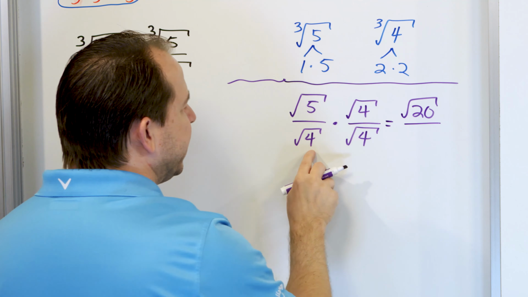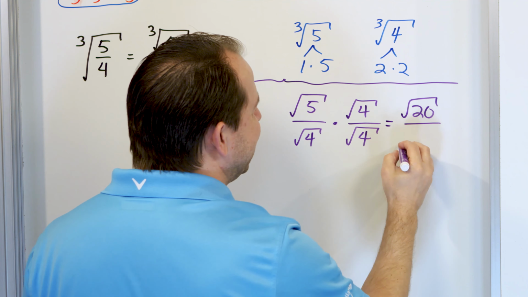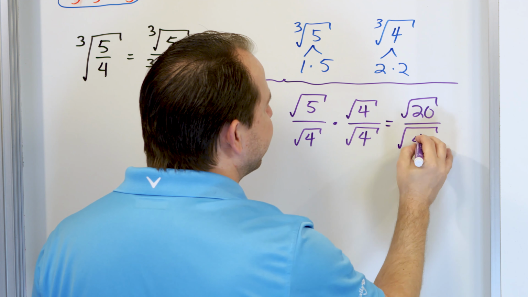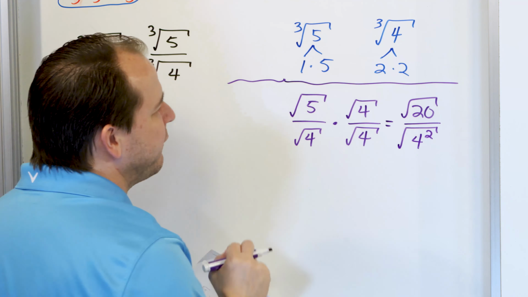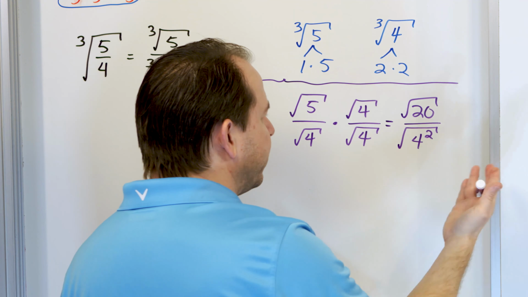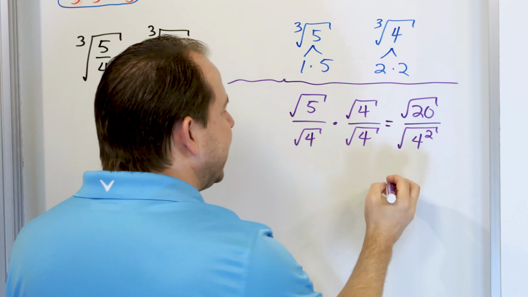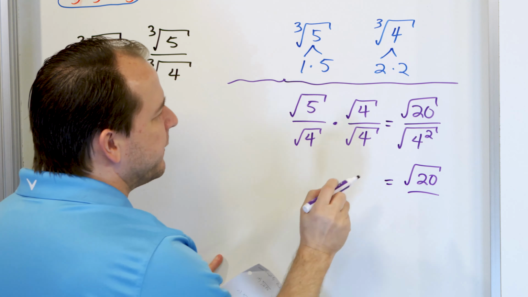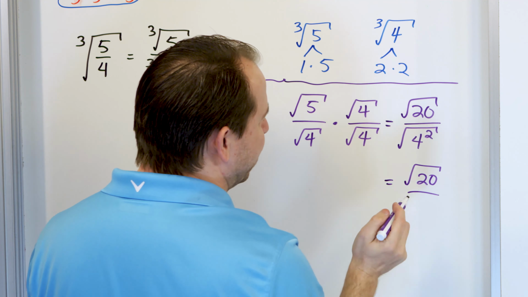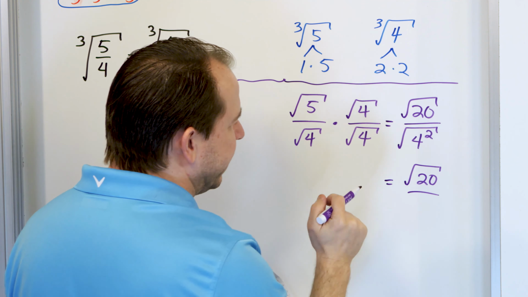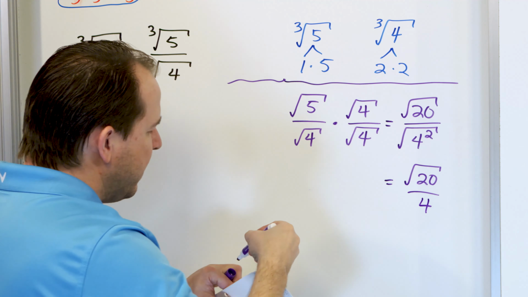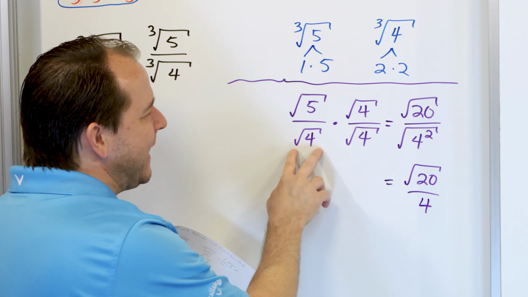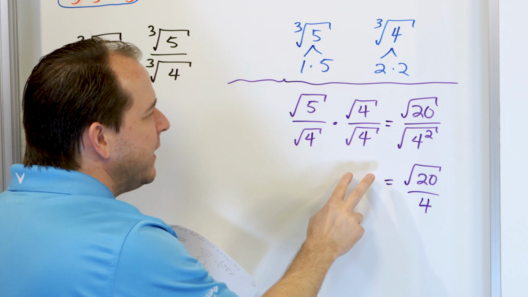And on the bottom, you're going to get 4 times 4. We all know that's 16, but I'm going to write it as 4 squared. Yes, I know that you know that's 16, and you know that the square root of 16 is 4. But I like writing it like this because then you'll have square root of 20 on the top, and the way I want you to think about it is the square root kind of cancels with the square function there, leaving a 4 behind.